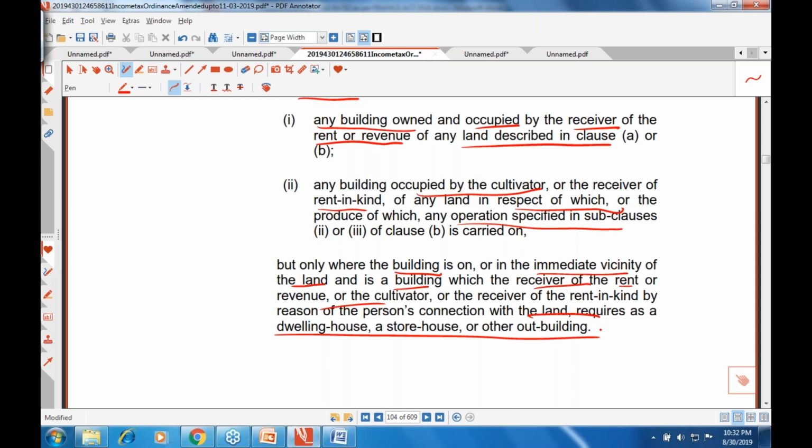Now, very important, try to understand. If I could simplify that, what do we mean by income from agriculture?